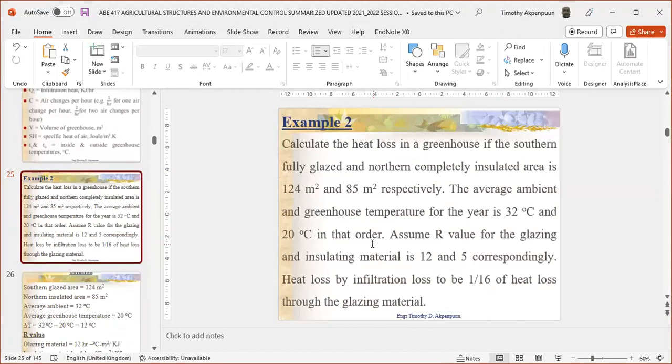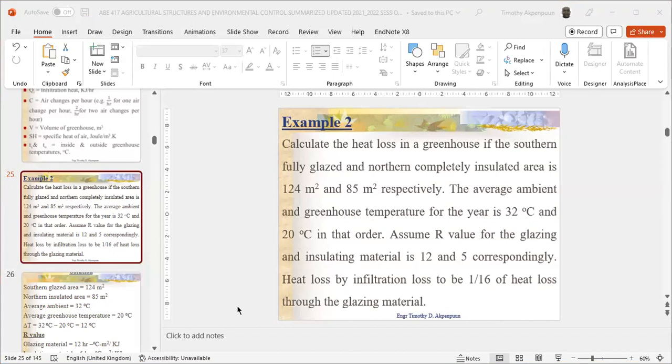So a lean-to greenhouse has how many sides? I need an answer. A lean-to greenhouse has how many sides? 3 sides, sir. While a standalone greenhouse has how many sides? 4 sides, sir. Yes, 4.